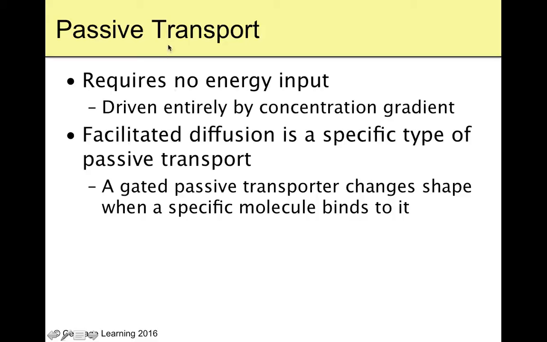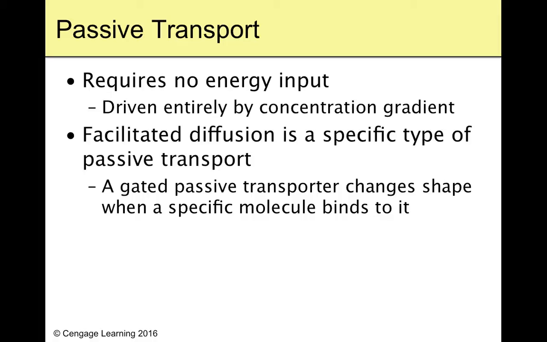So that's one type. Now there's a specific one called facilitated diffusion, and that is a type of passive transport where we're still not using ATP, we're still powered by the concentration gradient, but these guys need a door to get into the cell. And so we use a gated passive transporter, which is really just basically a channel that changes shape when a specific molecule binds to it.